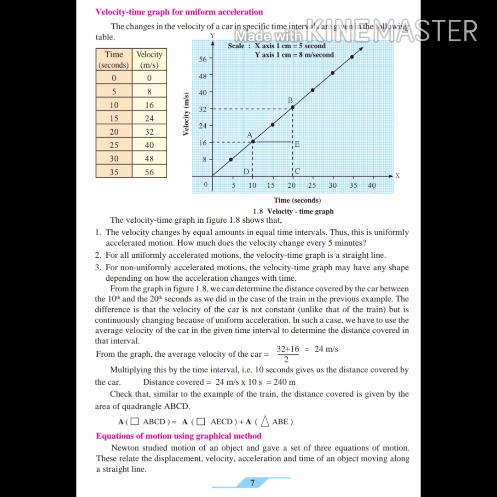At the 10th second it increases its velocity to 16. At 15 it is 24. At 20 it is 32. So if you see, in every 5 seconds the velocity is increasing equally, that means 8 meters per second. The velocity is increasing with equal intervals of time.